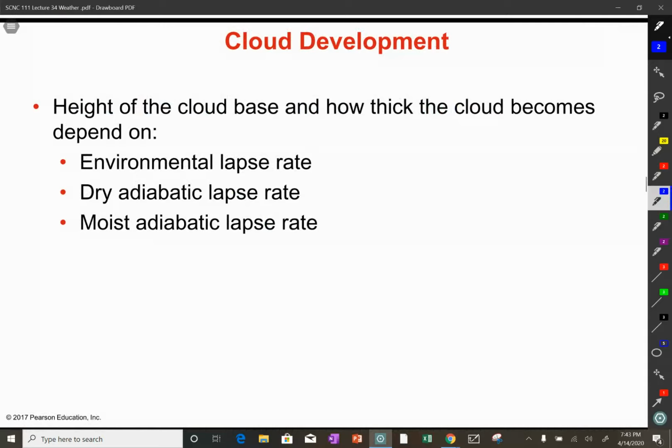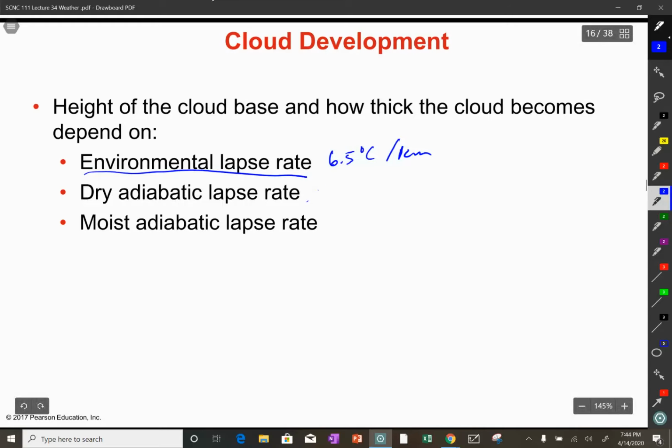Now, the height of the cloud base, that is the height where you reach the saturation point, and how thick the cloud becomes above that depends on the environmental lapse rate. That is typically 6.5 degrees Celsius per kilometer. How quickly the air cools as you rise, just as you go through the air.